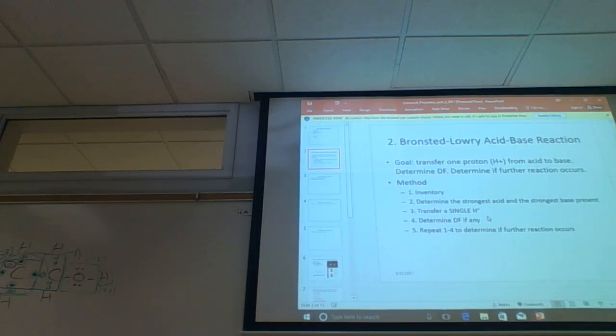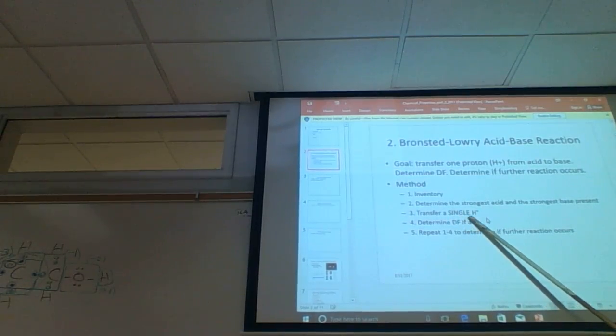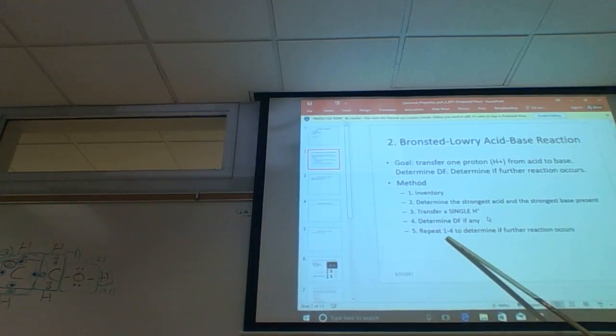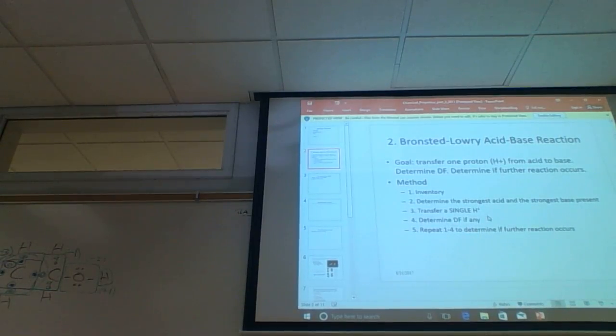In redox, we can transfer not a single electron. Sometimes we transfer a single electron, 2 electrons, 3 electrons, 5 electrons. In acid-base, we're always transferring a single proton. This is why I did all caps there. Determine the driving force, if any. Repeat 1 through 4 to determine if further reaction occurred. So these are all in the PowerPoints here.